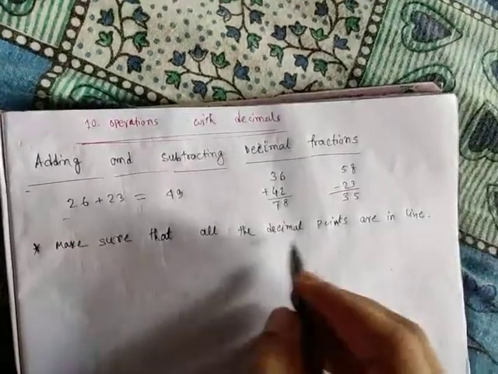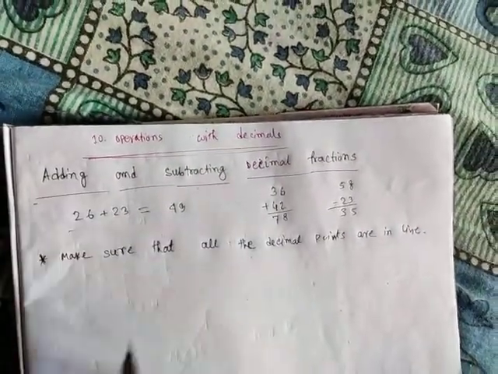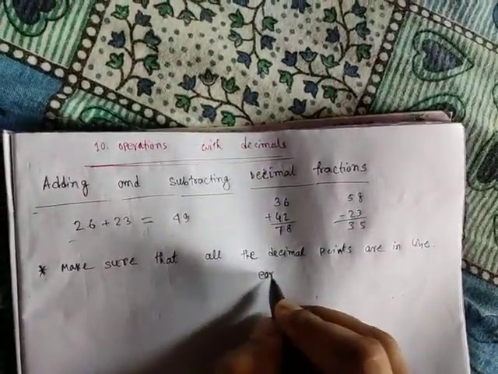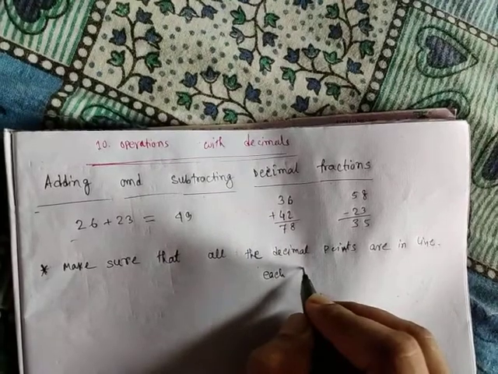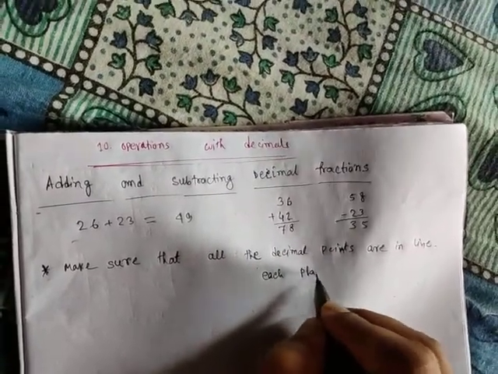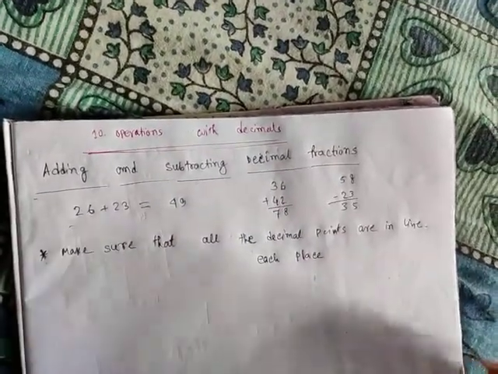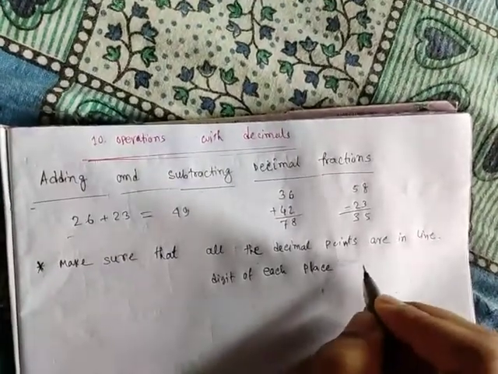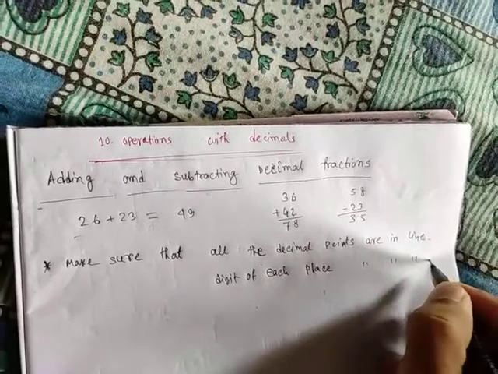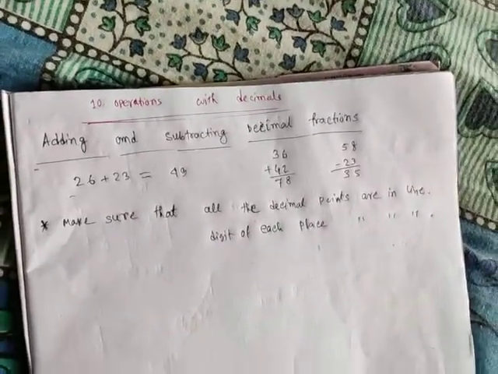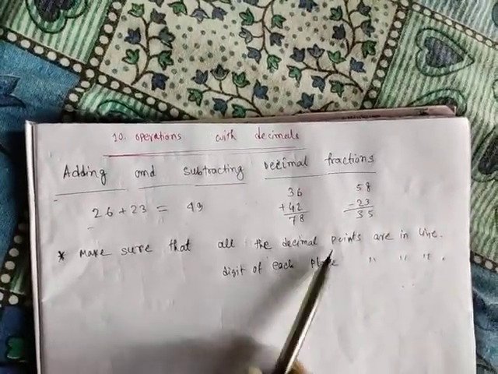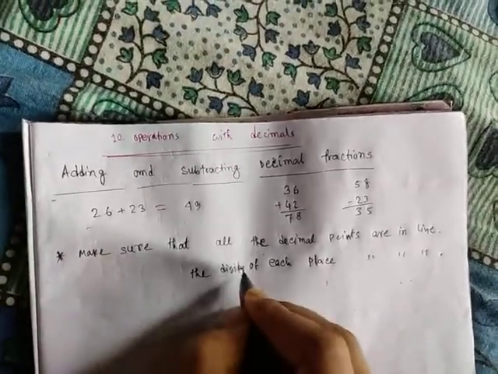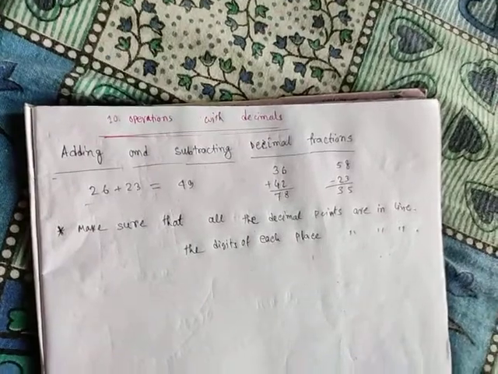Not only all the decimal points, but also the digit of each place are in line. So make sure that all the decimal points are in line and the digits of each place are in line.